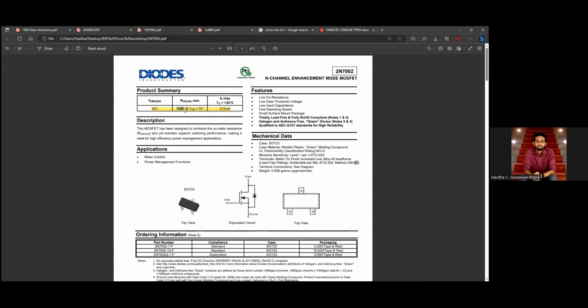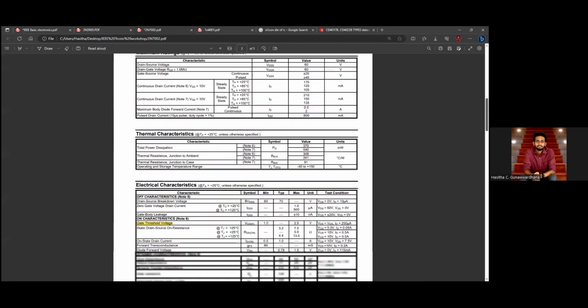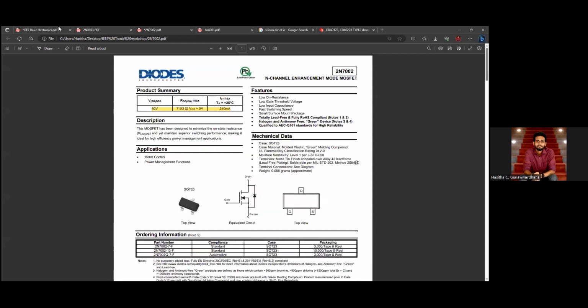That resistance is given in here. This is the maximum current that it can handle. Then if we go to this table, this is given as the threshold voltage. For this model, we have to apply at least this on this MOSFET for conducting.